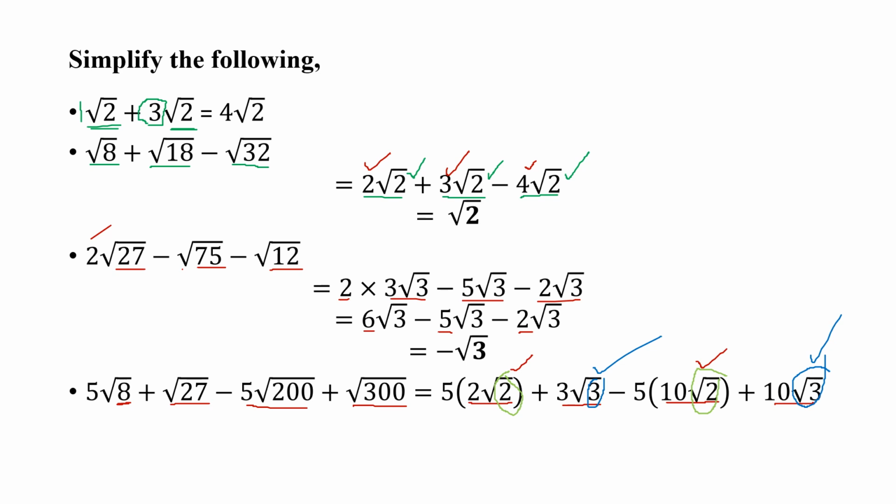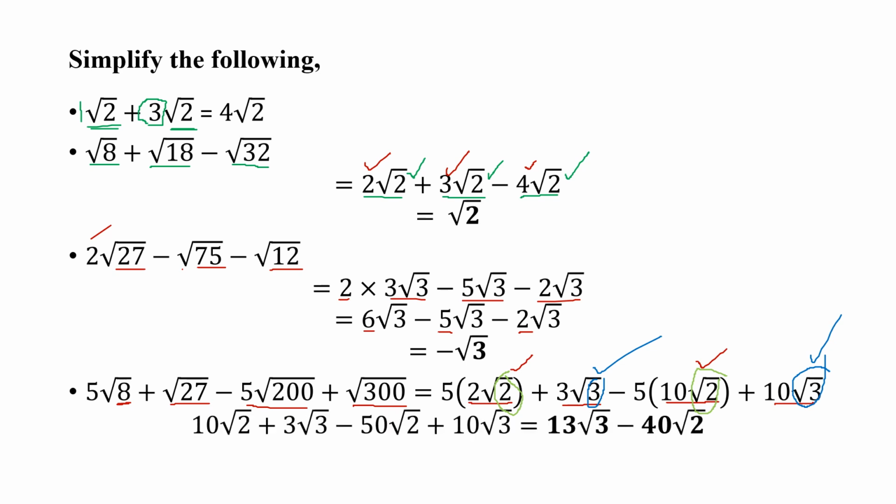If we simplify this, this is 10 root 2. There's no need of simplifying 3 root 3 as it is. Alright, if we simplify 5 times 10 root 2, we get 50 root 2. Then this 10 root 2 as it is.